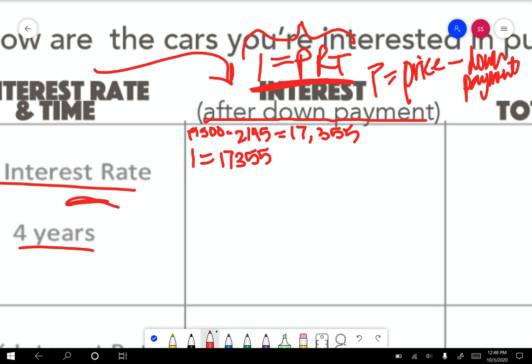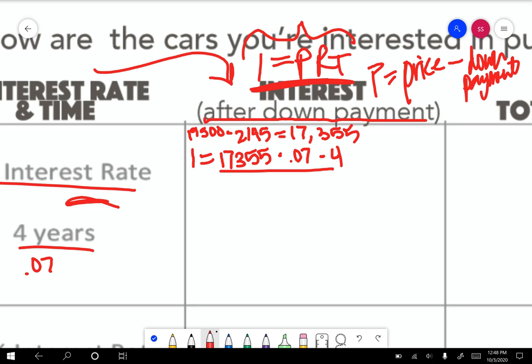Remember, 7% in decimal form would be 0.07. So we're going to multiply that by 0.07 and then multiply it by the time, which is 4 years. So the amount of interest that we're going to have to pay on top of the amount we're borrowing would be this amount. Okay, so let's multiply those.